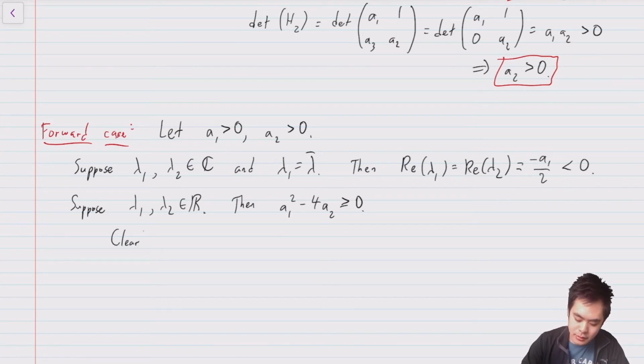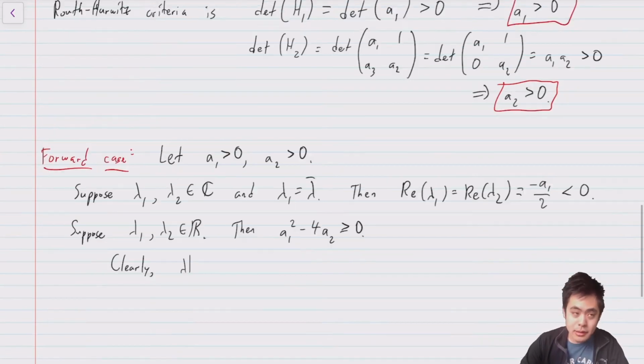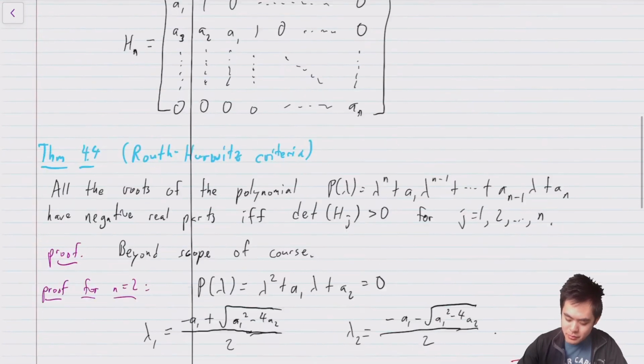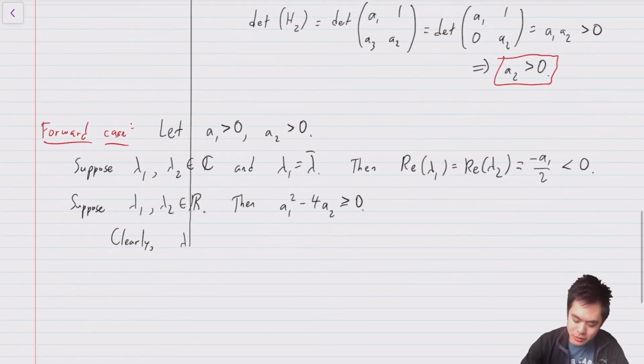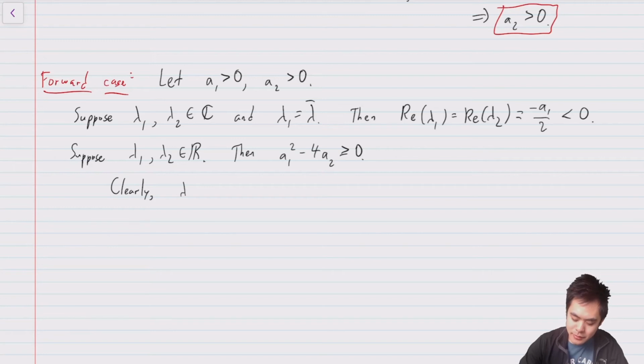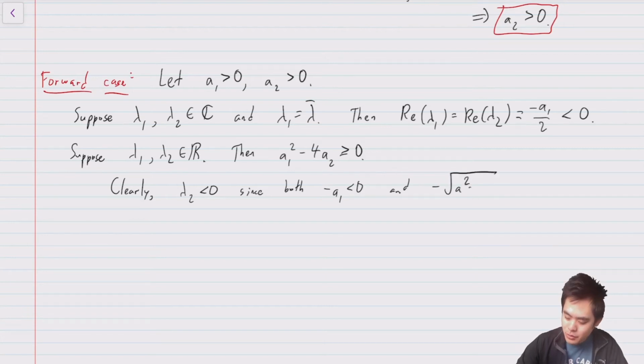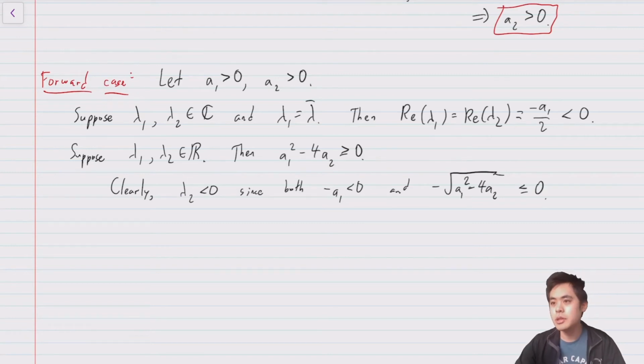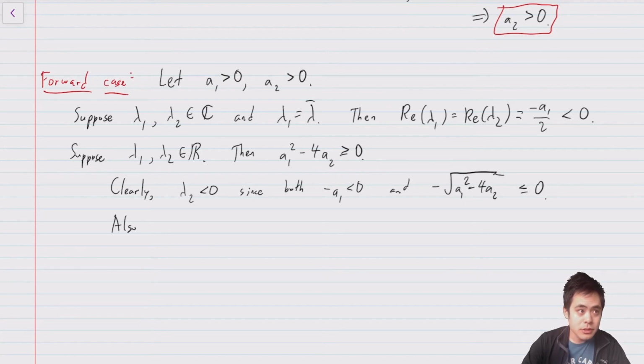So clearly, lambda 2 is less than 0, since both minus a1 is less than 0, and minus the square root of a1 squared minus 4a2 is also less than or equal to 0. So we just need to show that lambda 1 is less than 0.